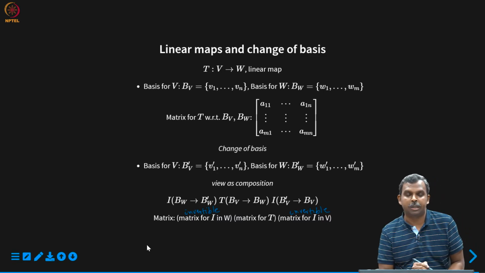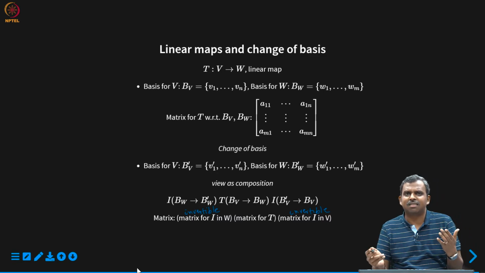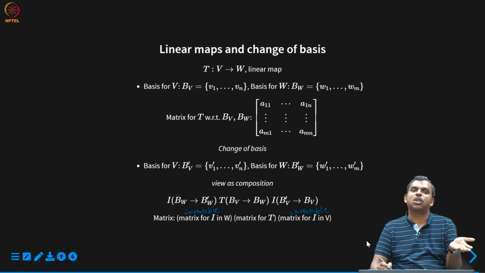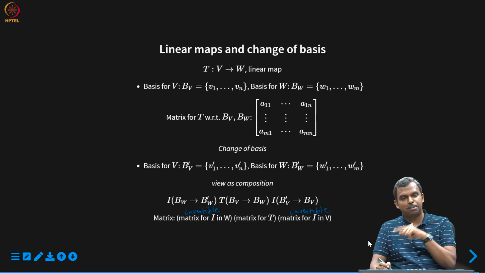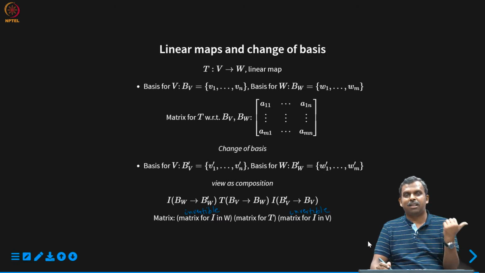Okay, so that's all there is to change of basis for a linear map. So instead of just thinking with that matrix, I know the basis has changed, so I put in my identity maps on the right and left to convert to the basis I have, and then go back to the basis that I want. Very simple idea.